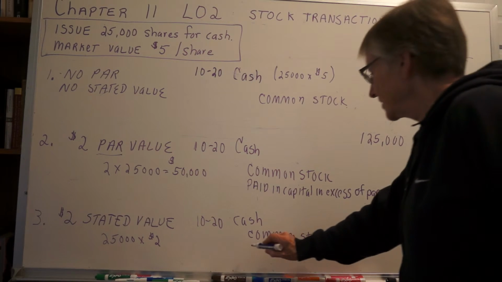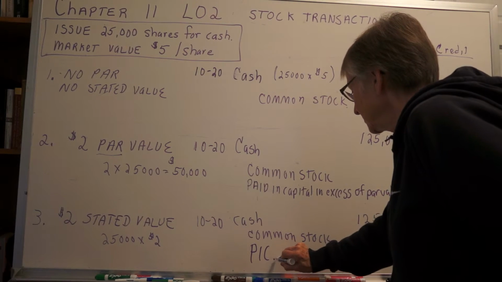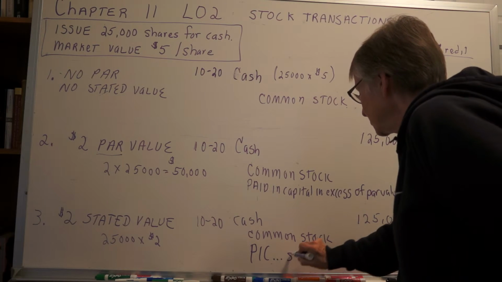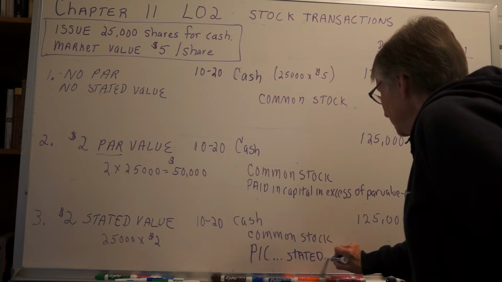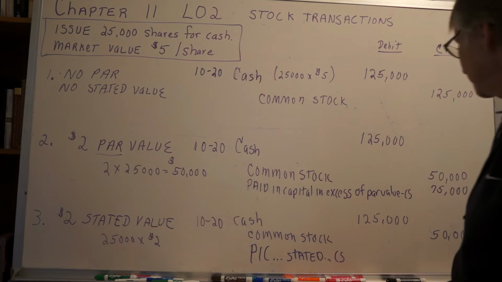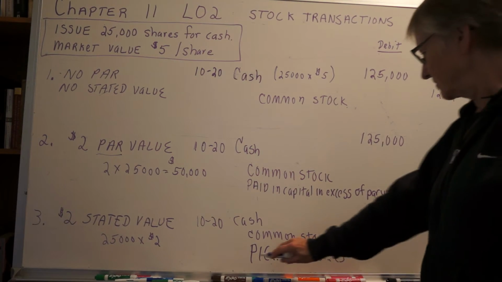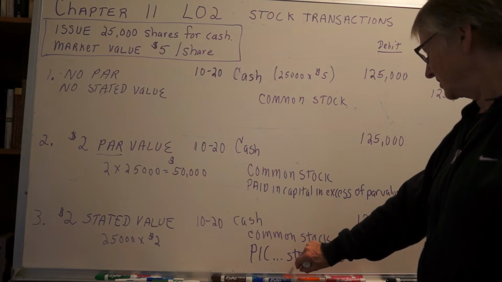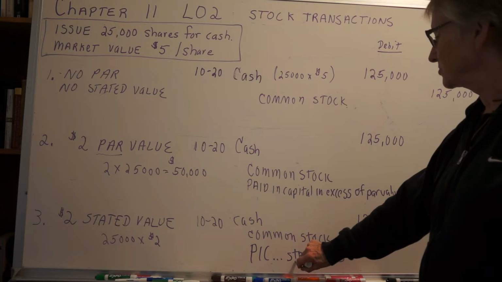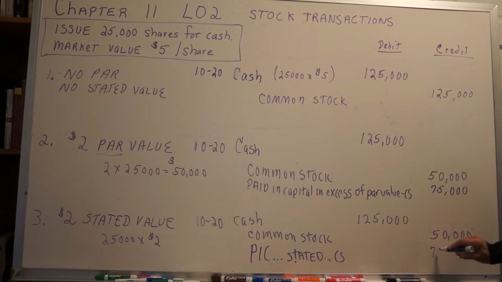Then the rest is paid in capital in excess of stated value, not par value, on common stock. You could write that all out, but this is the notation I'll start to use. It has to be either stated if it's stated value stock, or par value if it's par value stock, and that would be the 75,000.